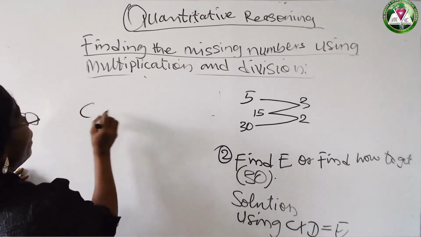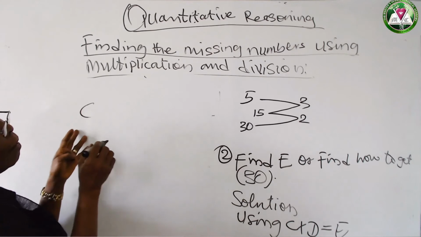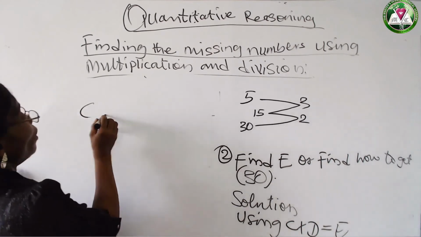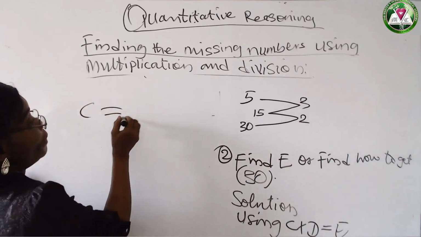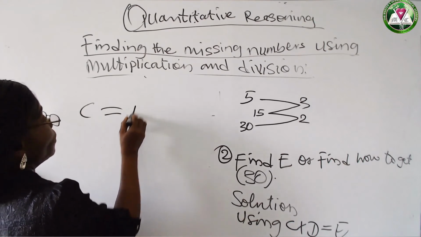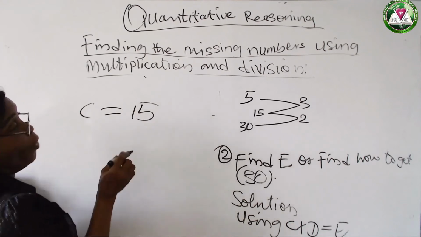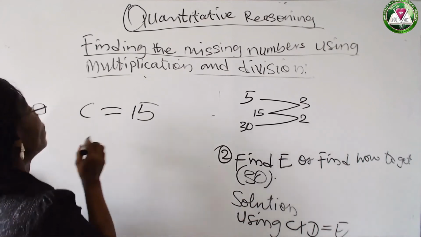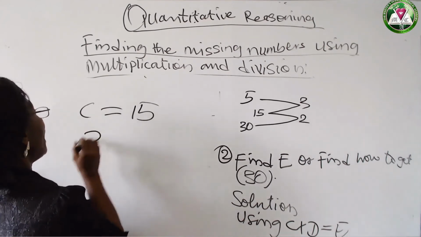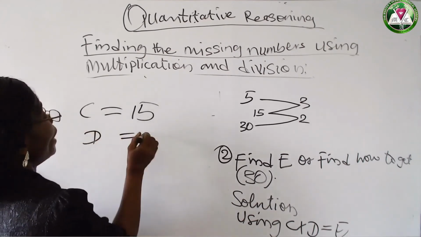What's the value of C? Good, the value of C is 15. What's the value of D? The value of D is 2. Very good.